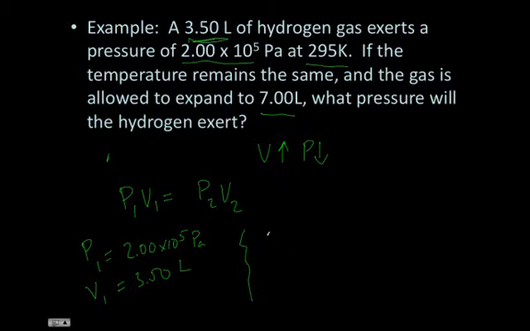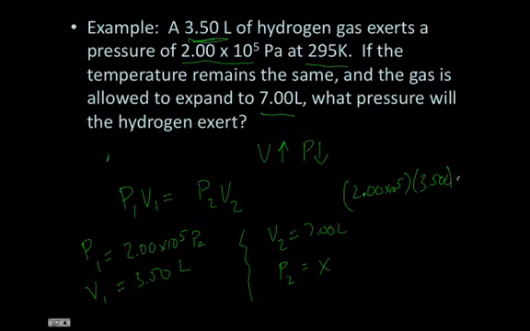And then on the other side, we have a V2 of 7 liters and a P2 of, well, we don't know. We'll call that X. So I'm just going to put this into the equation: 2.0 times 10 to the 5th, times 3.50 liters equals X times 7 liters.